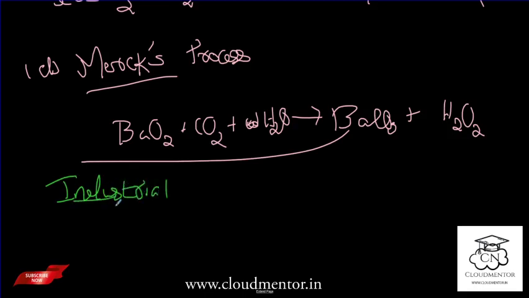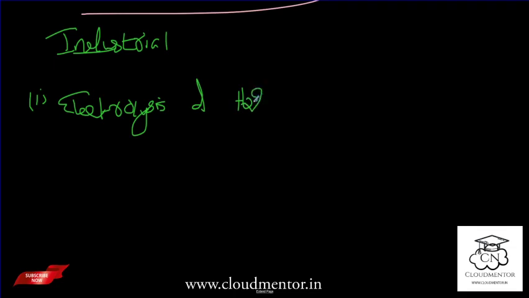In industrial preparation, the first one is by the electrolysis of H2SO4 or NH4HSO4, that is, sulfuric acid or ammonium bisulfate.